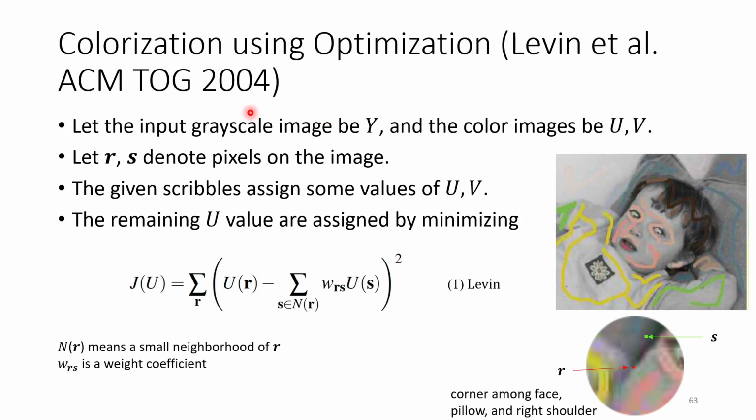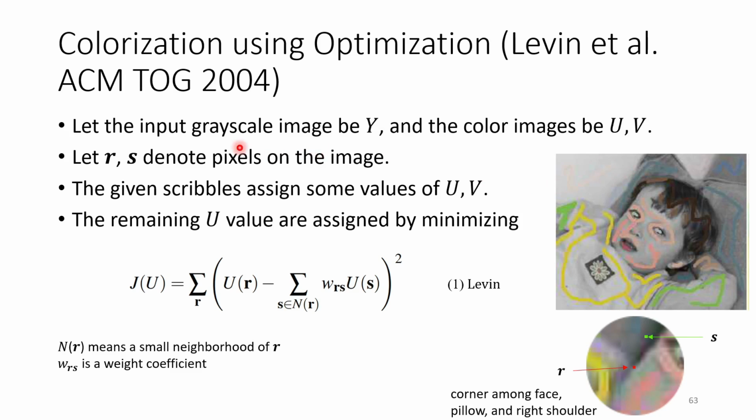Okay, but let's see how it does. First, suppose the given input is in the color channel of Y, and we want to interpolate those given colors. There are scribbles here. From this given color data, which is the scattered data, we want to interpolate the UV values for the other pixels.